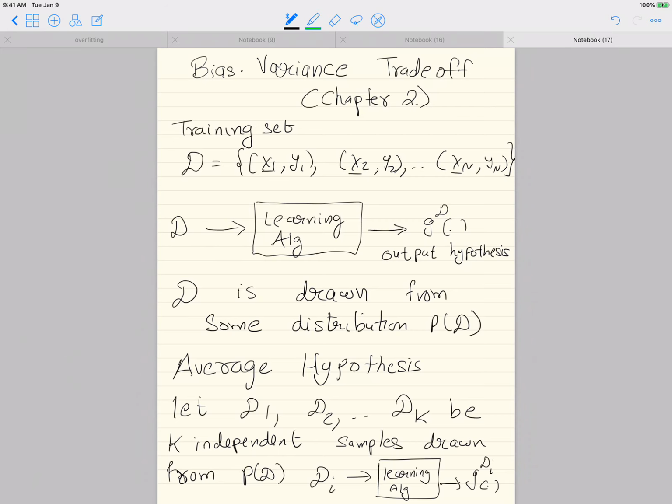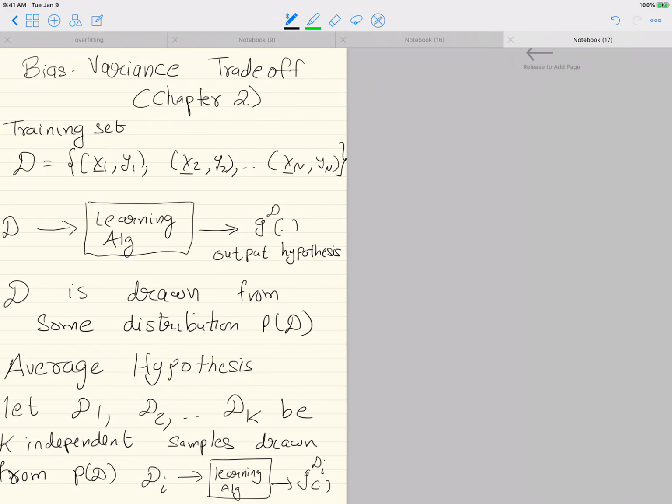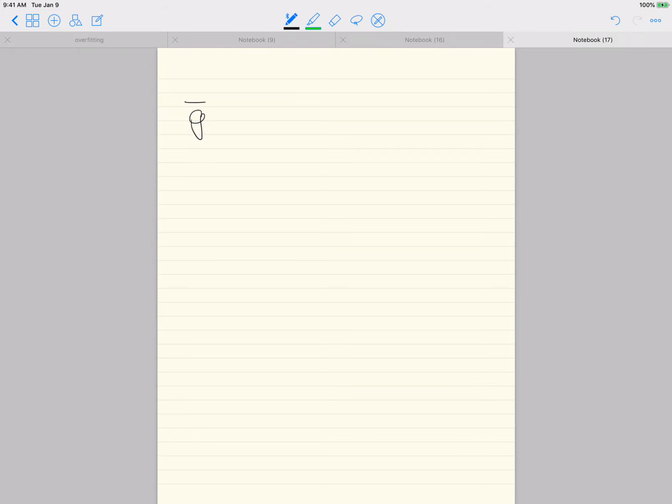And what you do is you try to average out the G^Di's. You take the average of the output hypotheses that you get across all the K data sets. Okay, so you define G bar of x, the output hypothesis, to be 1 over K summation of i going from 1 to K G^Di of x.